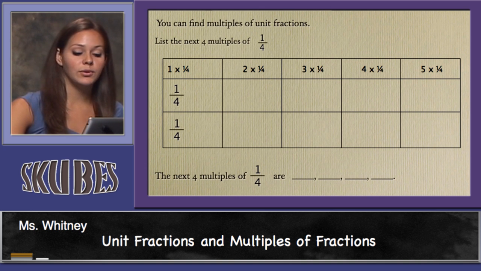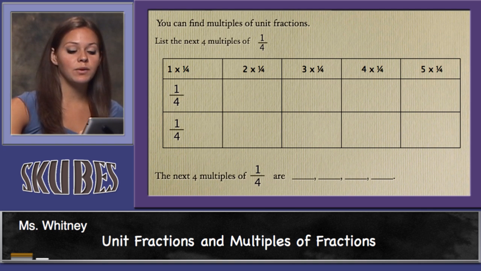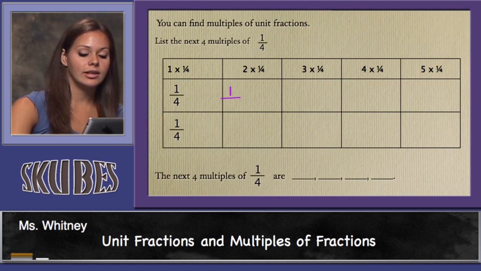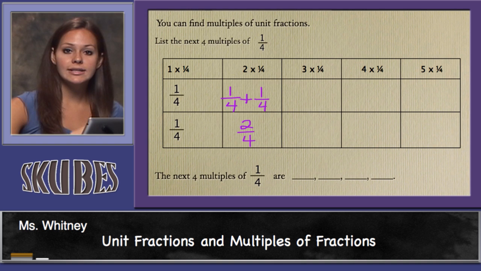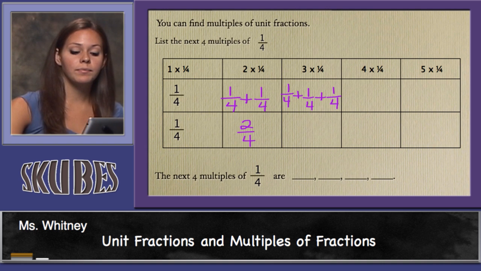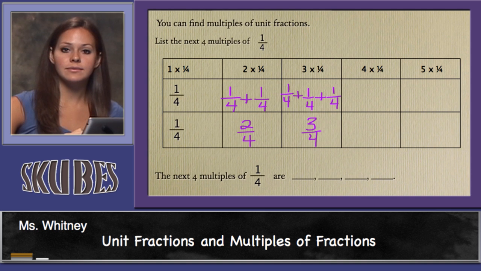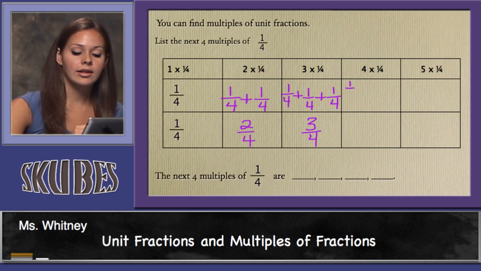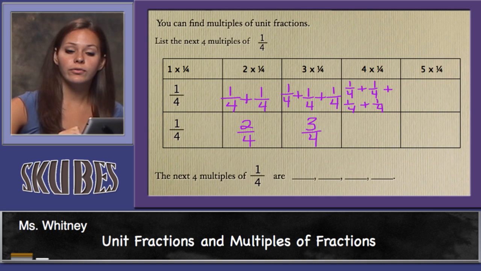You can find multiples of unit fractions. 1 times 1/4 is 1/4. 2 times 1/4 is 1/4 plus 1/4, or 2/4. 3 times 1/4 is 1/4 plus 1/4 plus 1/4, or 3/4. 4 times 1/4 is 1/4 plus 1/4 plus 1/4 plus 1/4, or 4/4.